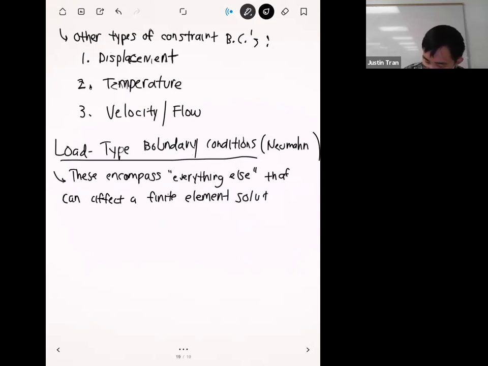And so basically any type of boundary condition where you're not directly specifying the primary solution variables, I would classify those as load type boundary conditions or Neumanns, okay? And so explicitly or mathematically, the way that these boundary conditions take form is that they involve some kind of derivative of the primary solution.